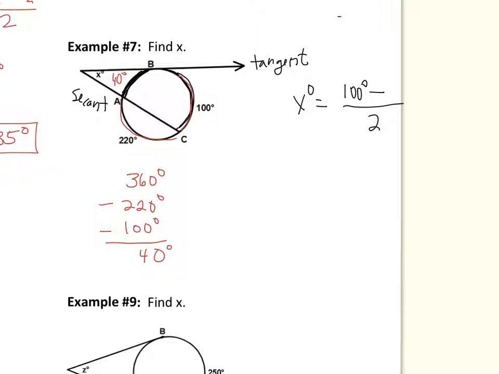So now I can plug that in there, because these are the two arcs. Again, make sure that if you follow these two lines out, those are the two arcs it intercepts. The 220 is never inside. It's the 100 and the 40. So 100 minus 40 is 60, divided by 2, which is 30.